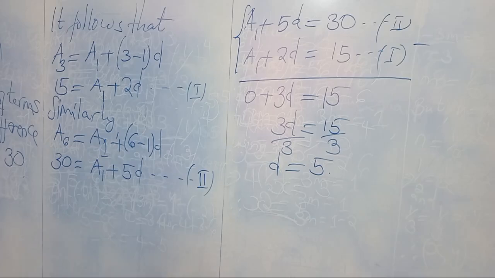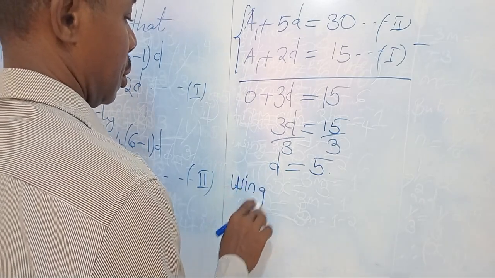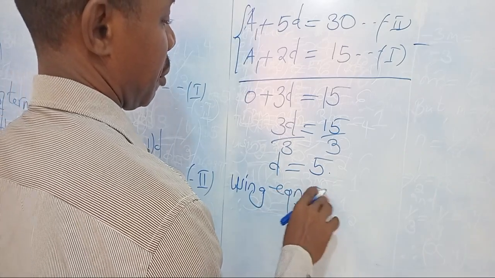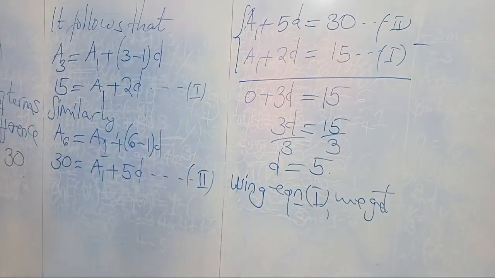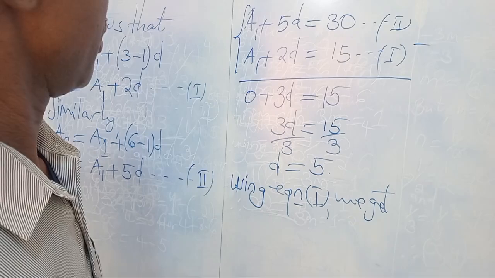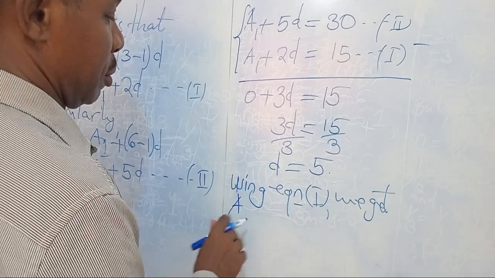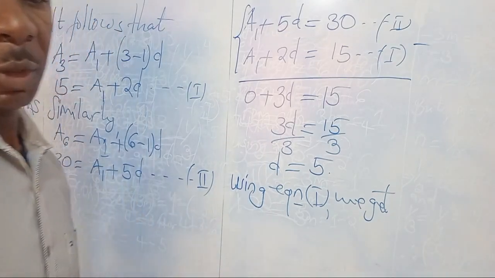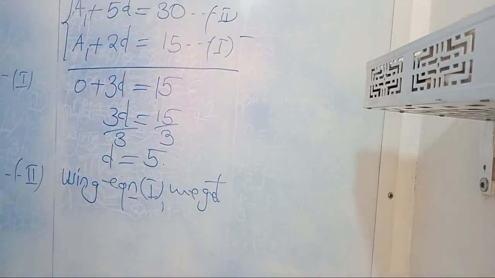Once we know the common difference, you can use either equation number 1 or number 2 to find the value of A1. Let me use equation number 1.